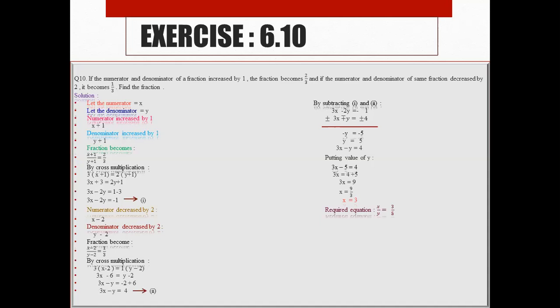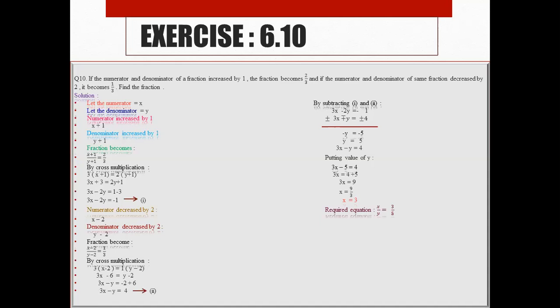After cross multiplication, 3 into x plus 1 is equal to 2 into y plus 1. After multiplication, open the brackets, 3x plus 3 is equal to 2y plus 2.